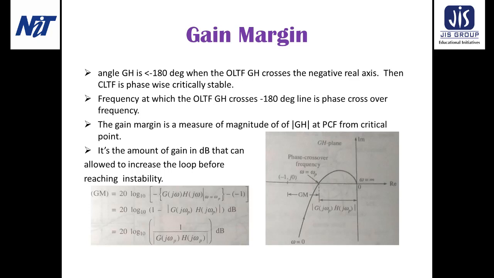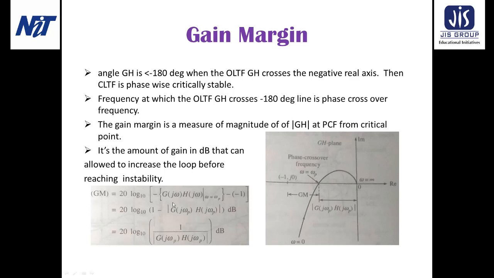from this figure, this is actually the definition of gain margin from the polar plot. The phase crossover frequency is omega p and the magnitude of GH at this point is mod of G(jω)H(jω) at P, that means at phase crossover frequency.